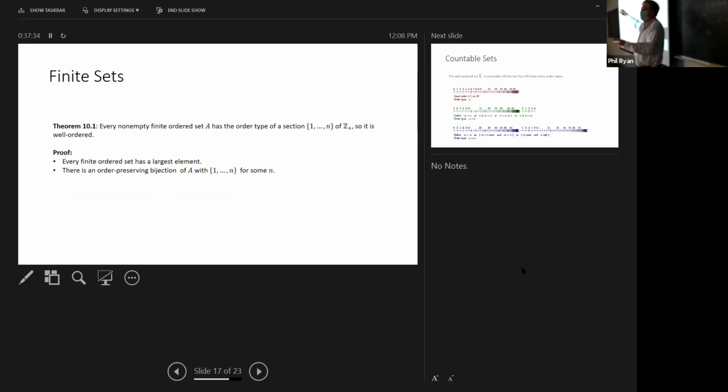By the induction hypothesis, you can put an order relationship on those first n minus 1 elements. Let's call that F prime. Then F is just going to be F prime on the non-maximal elements, and F of the maximal element is going to be n. So very easy to construct a proof of that.